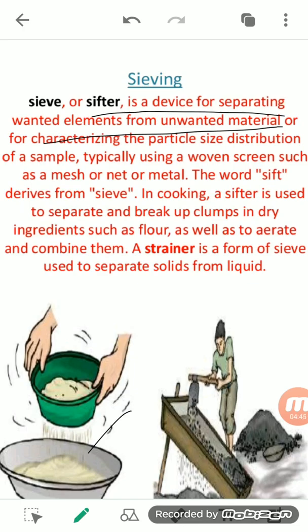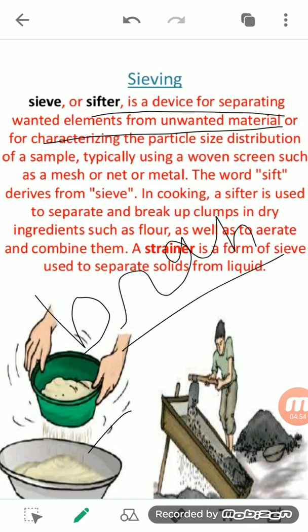Although generally we do not sieve the flour and consume the bran, spelling of bran is B-R-A-N, with the flour only. And why is this so? It is because the bran which we use in the flour is rich in nutrients and provides roughage, which is a useful part of our food.